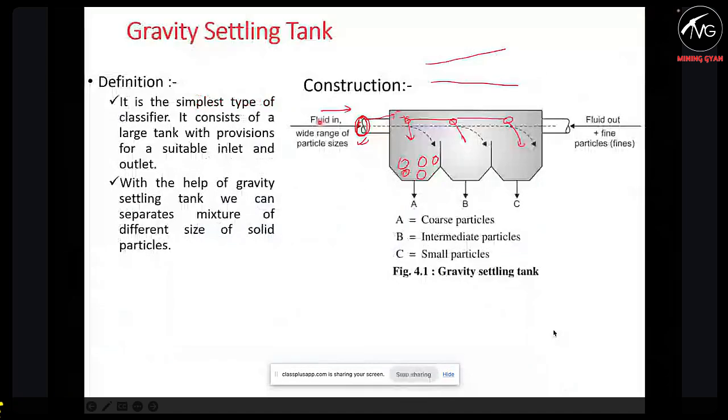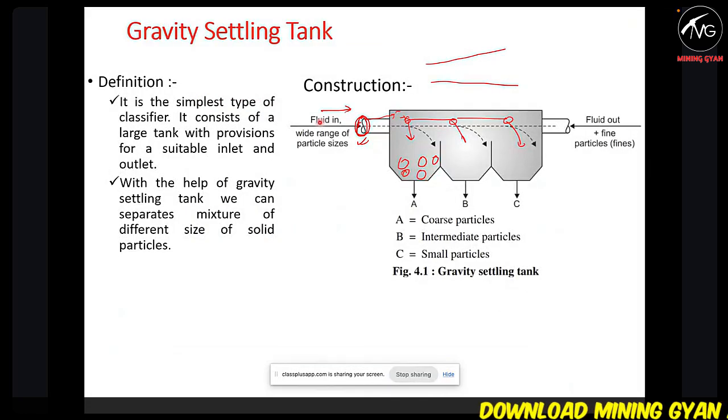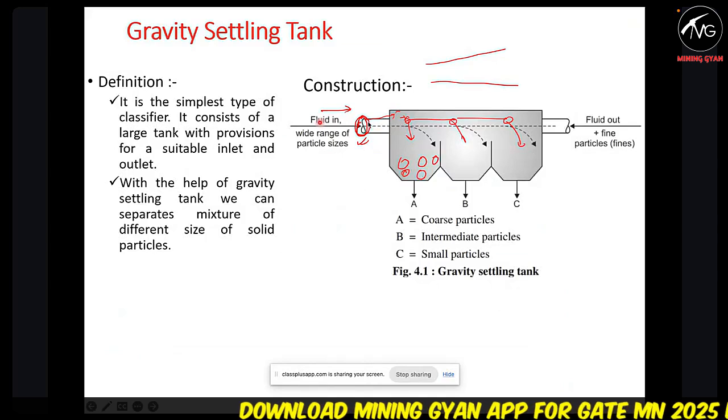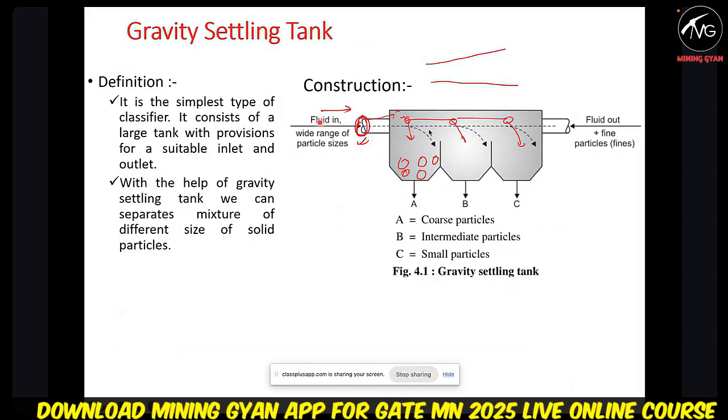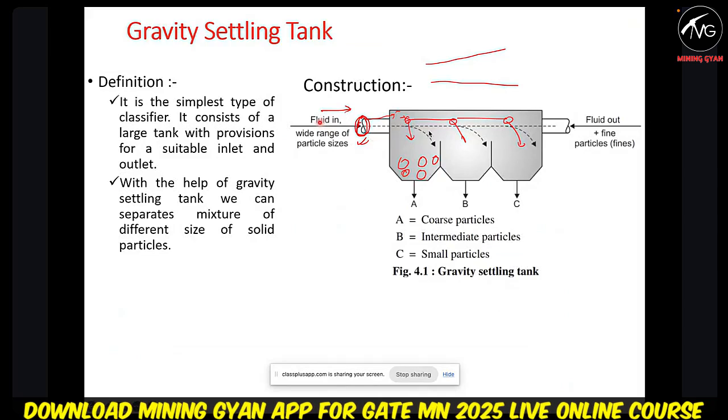So we were discussing the gravity settling tank. I said that when we press the air from the intake, gradually when you enter this box, the velocity of the particles will decrease, so they will fall down.